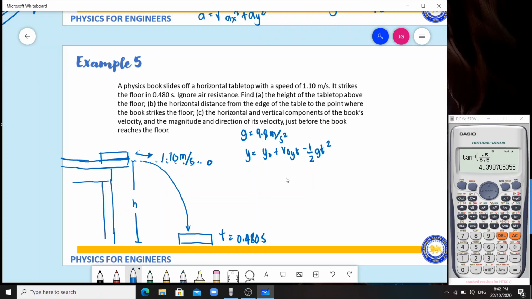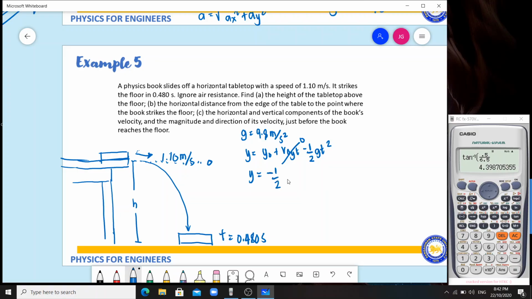Okay? Wala naman tayong vertical initial velocity. So, this will be 0. Pero, ayan, meron tayong time given, diba? So, pwede natin siyang isolve. Okay.